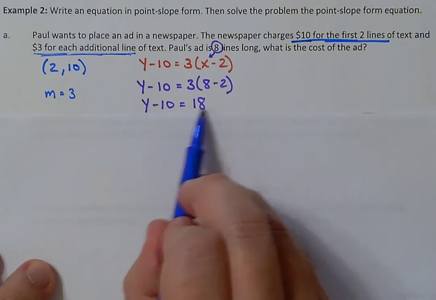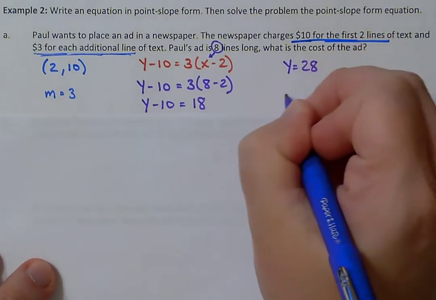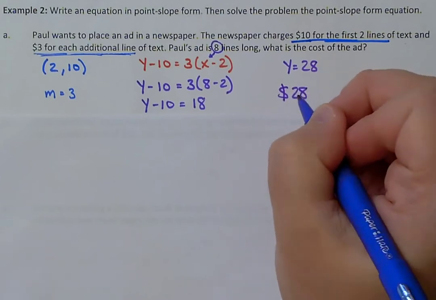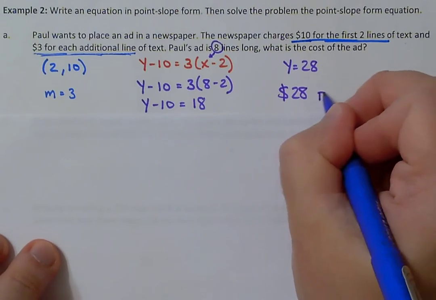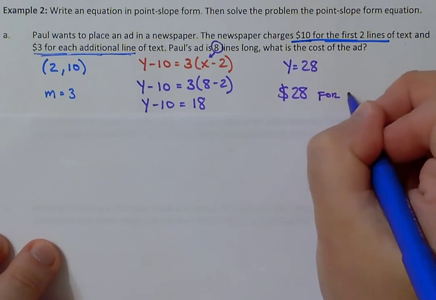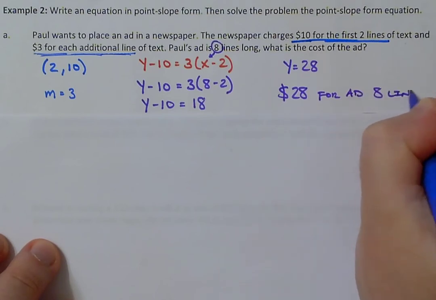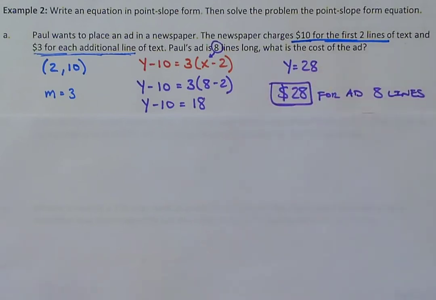So if I do 18 plus 10, we get y equals 28. That means it costs $28 for an ad that's 8 lines long. And that is our answer.